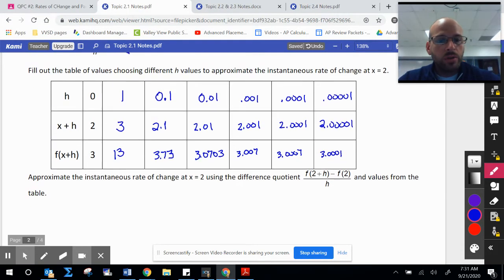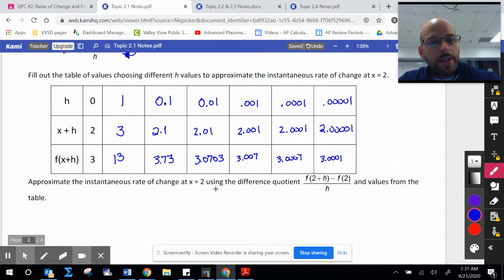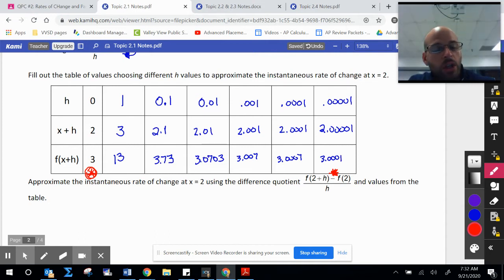Now, what I'm going to do is find the rate of change between my original point, the point that I know, and a point that's infinitely close to it, right? So I want to find the average rate of change between 2 comma 3 and a point that's infinitely close.